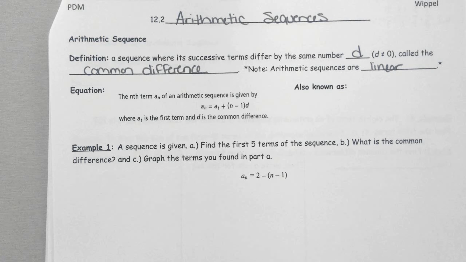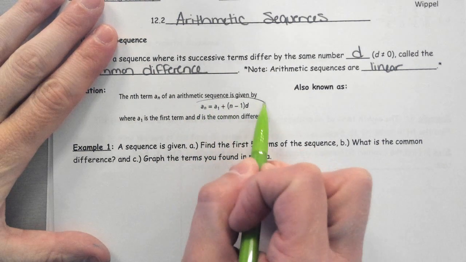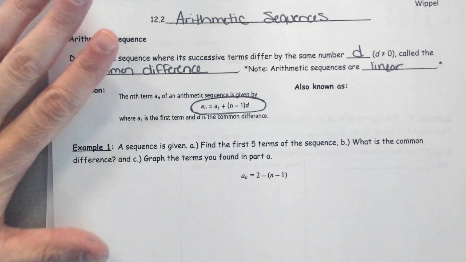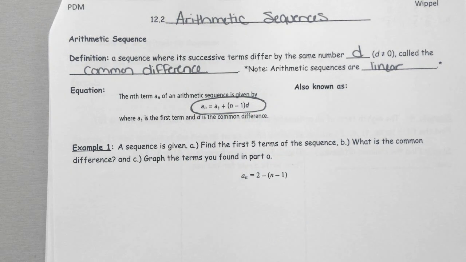Continuing on. Let's go to the example. I actually don't have an also known as for you. I'm just going to leave it as arithmetic sequences. This is our formula. Let's start there before we go to the example, actually. So remember, a sub n is a term down the line. A sub n can stand for any term. It could be 8, it could be 20, it could be 5, it could be anything. So a sub n stands for a term down the road.